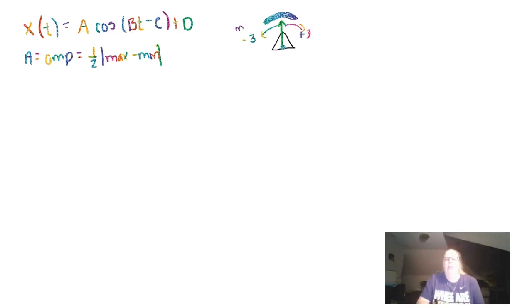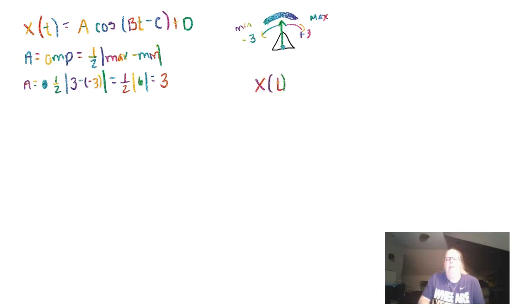In other words, this will be my min, and this will be my max. So the amplitude is going to be 1/2 of the absolute value of 3 minus -3, which is 1/2 of 6, which gives me 3. So the amplitude on our equation is going to be 3.